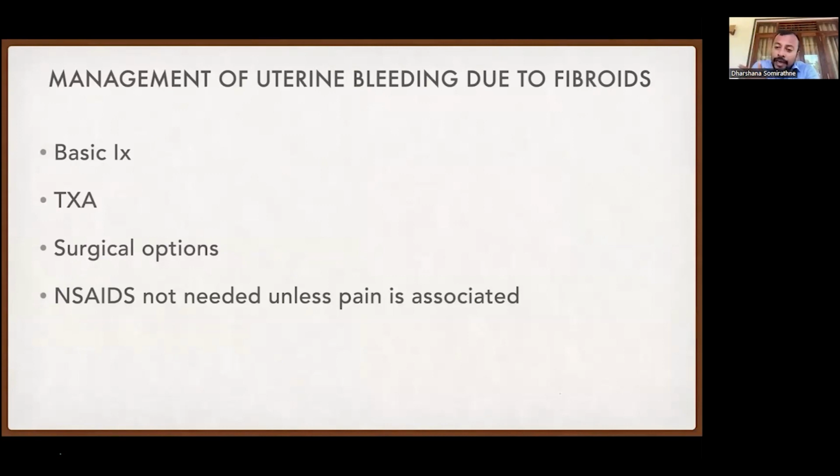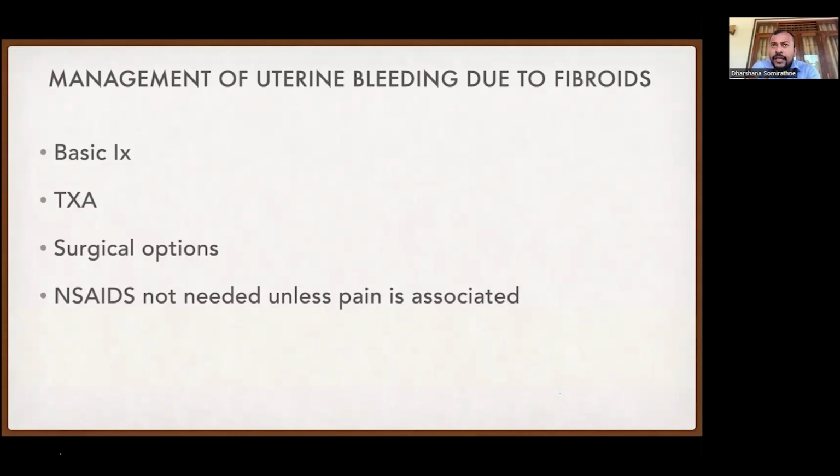You can do an abdominal examination to see any fibroid. Obs and gynae doctors can do a per vaginal examination with a chaperone, and if you detect an enlarged uterus, then probably a fibroid, and then refer to a sonographer or radiologist to run a scan to see whether she has fibroids.